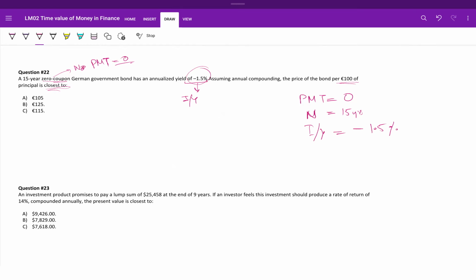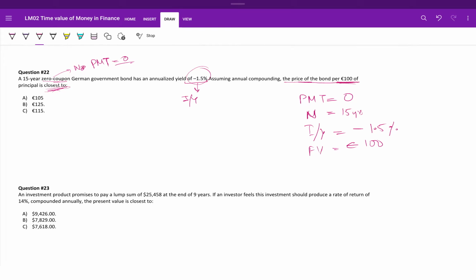Assuming annual compounding, the price of the bond per 100 euros of principal is closest to this. This is actually giving you the future value of 100 euros.